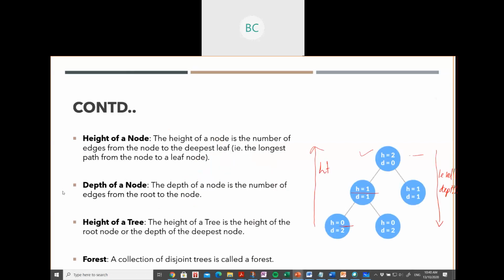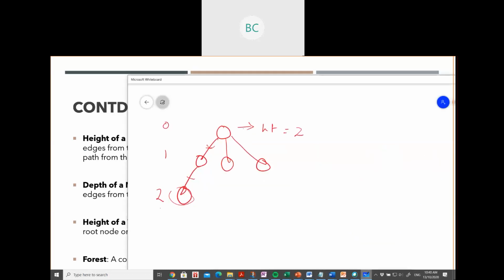Now the other term is forest. Forest means it's just a collection of disjoint trees. That means what? Suppose this is your tree, A, B, C, D, E, F. So this is a single tree.